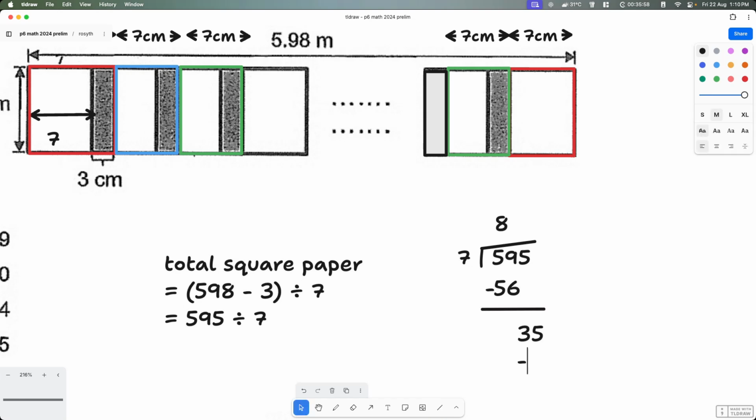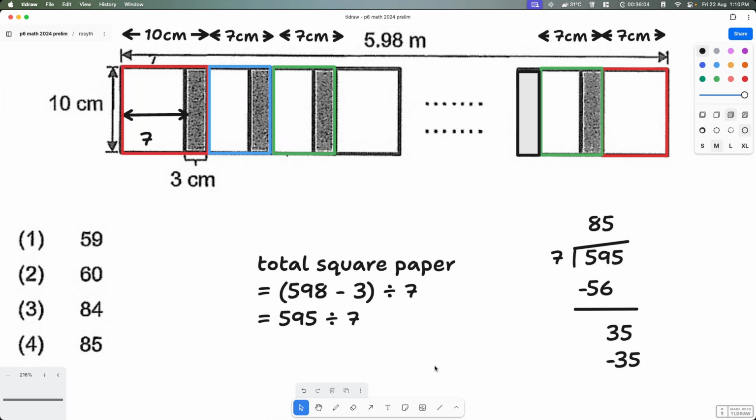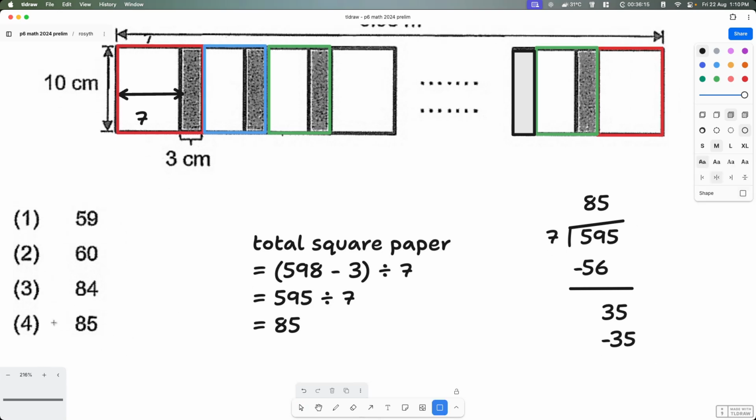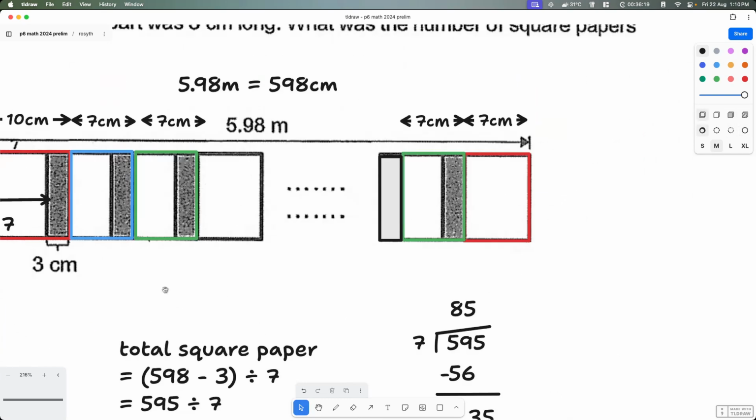So we can minus 35. Okay, so this will be 85. So in this case, the answer should be 85. There you go. So the answer to this is 85. Option number 4. Okay, let's move on to the next question.